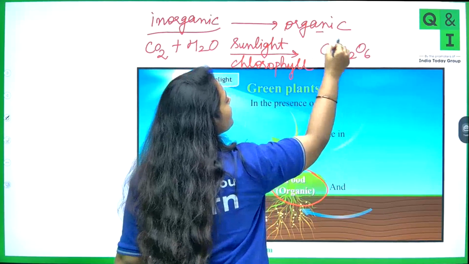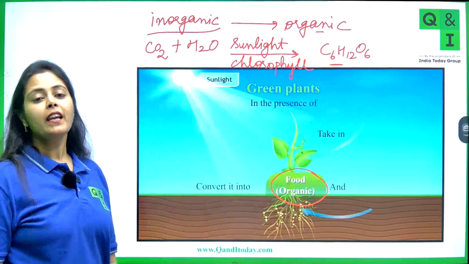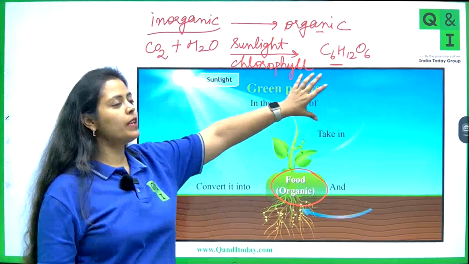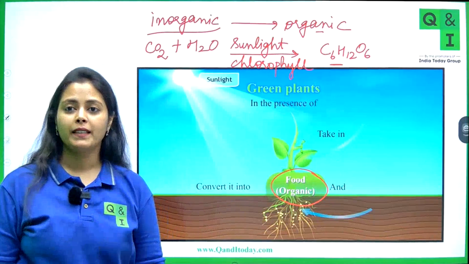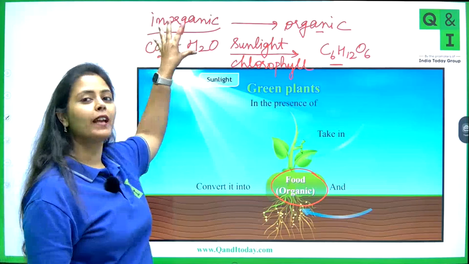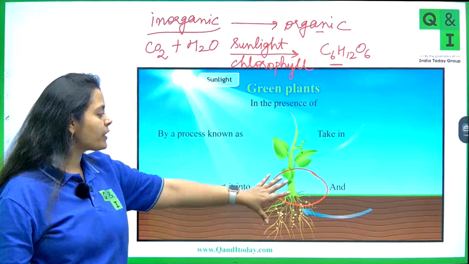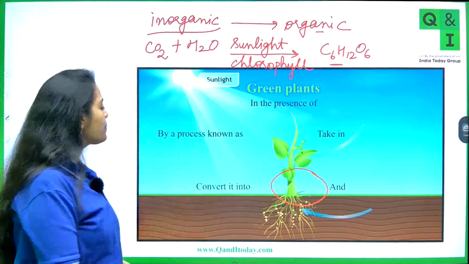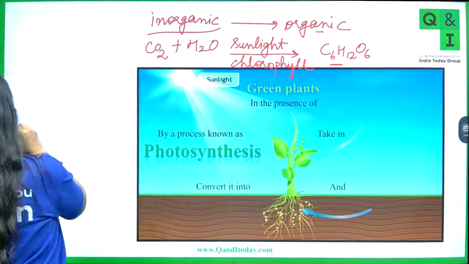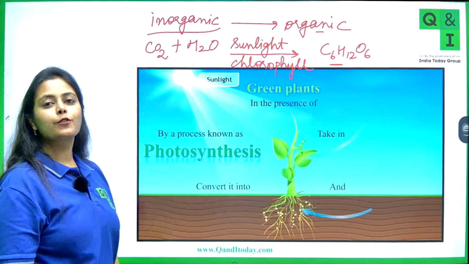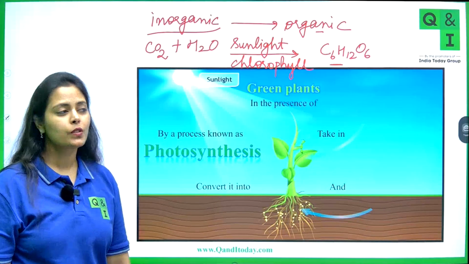You can see this is organic. Okay, so these are inorganic components, whereas this is the first organic component which is being formed by the plant using these inorganic components. So now food is getting converted. So this process, students, this is known as photosynthesis. So this process is called photosynthesis.